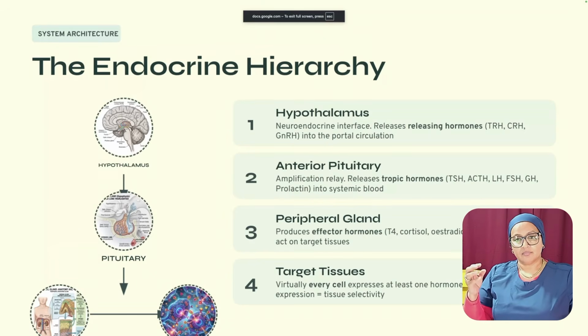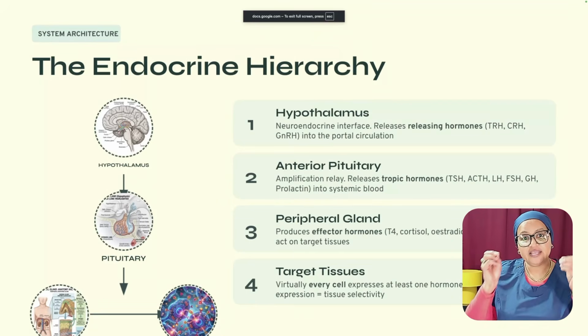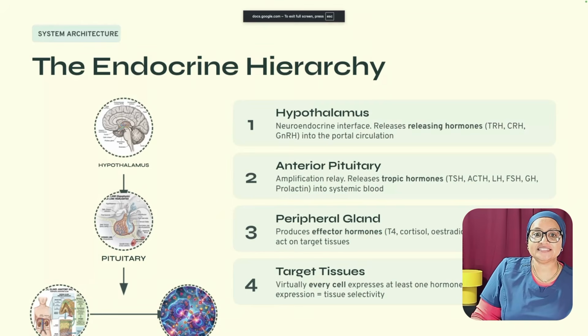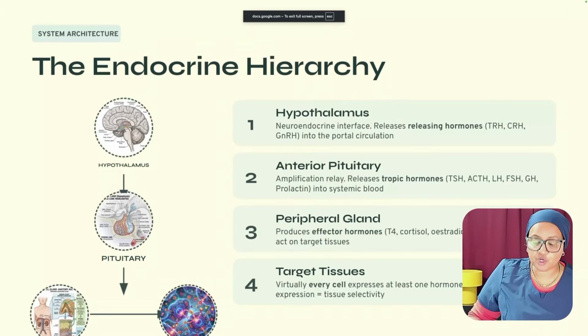So the choice of which tissue is affected by which hormone depends on whether that tissue has the correct receptor. People need to understand every nucleated cell in the body expresses at least one hormone receptor.